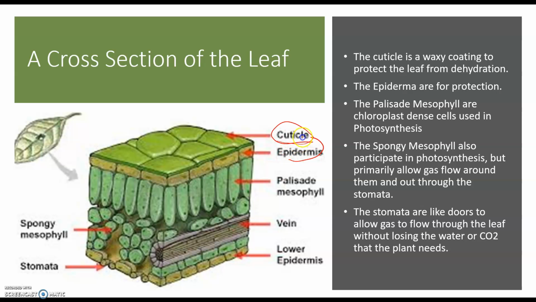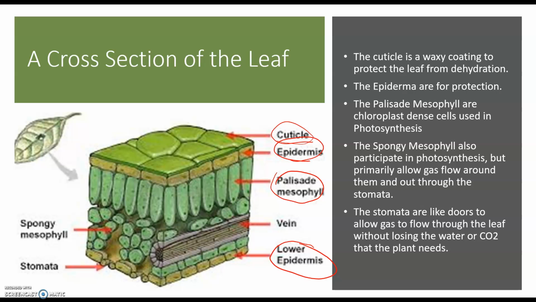The epidermis, there is the upper and lower epidermis. These are just for protection, sort of like your skin protects the rest of your body. The palisade mesophyll is a very critical part for photosynthesis.